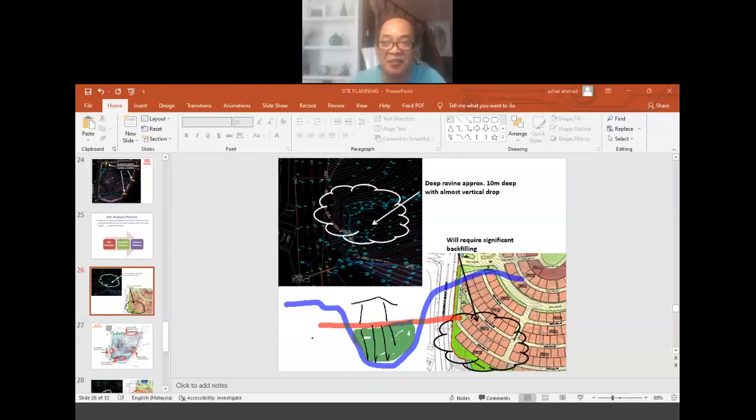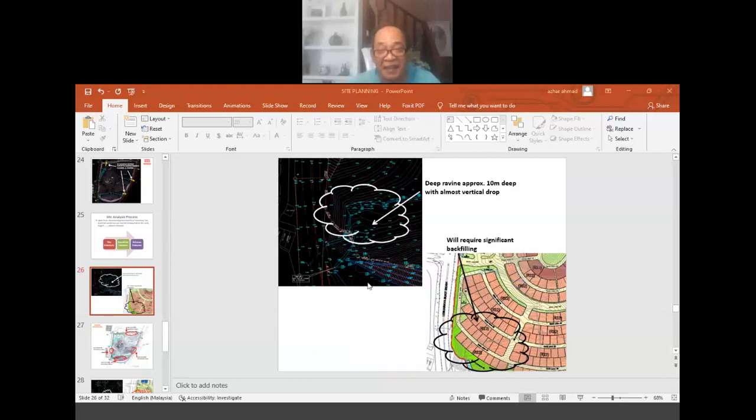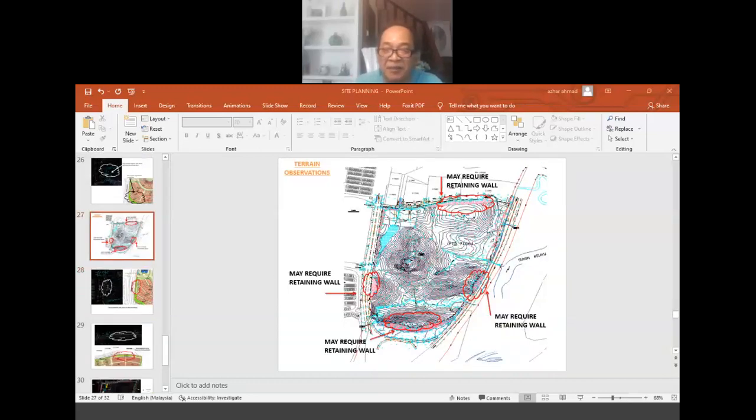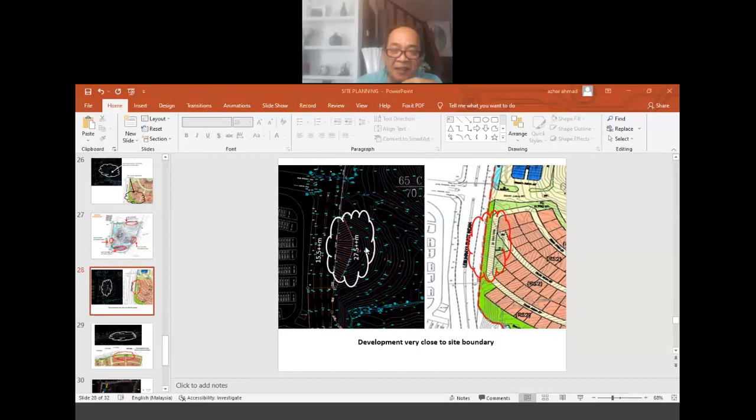Okay, so this is one possible adverse effect that we anticipate very early. Another possible adverse effect would be retaining walls. The retaining walls indicated here are ones that we think may be required because of the difference in level: the existing level is 27.5, the road level is 15.5.